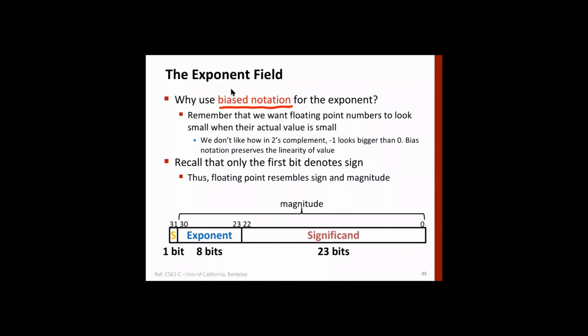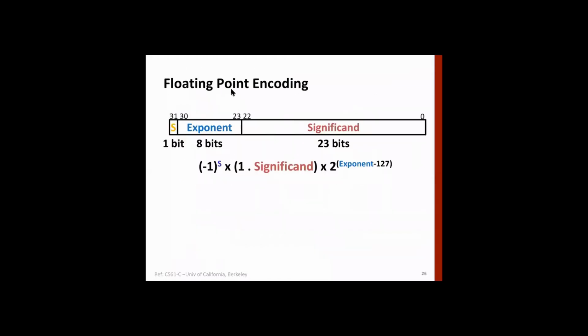Now for the exponent, if you use 2's complement, it becomes complicated, hence we use bias notation. With the bias, numbers are always unsigned, zero or positive, from 0 up to whatever. So this is the format that we use.